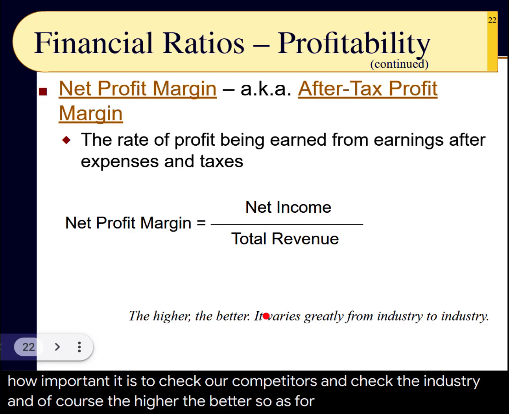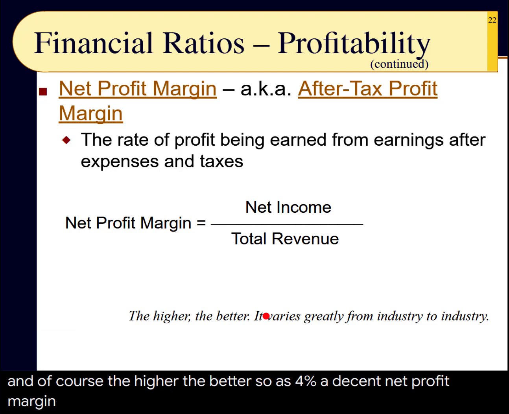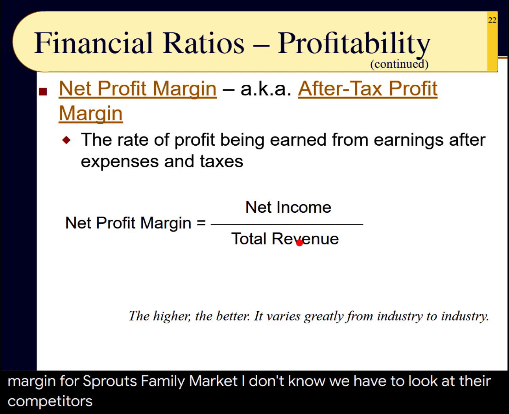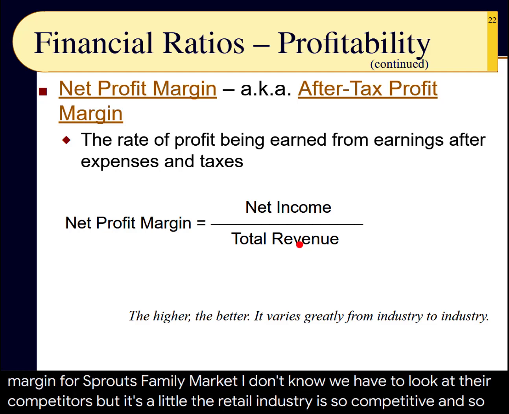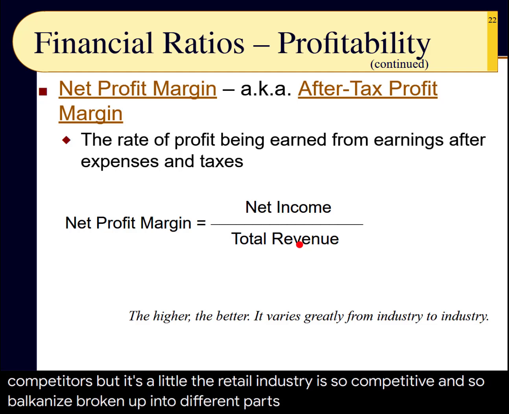So is 4% a decent net profit margin for Sprouts Family Market? I don't know. We have to look at their competitors. But the retail industry is so competitive and so balkanized, broken up into different parts, that it's difficult. Maybe Amazon will.